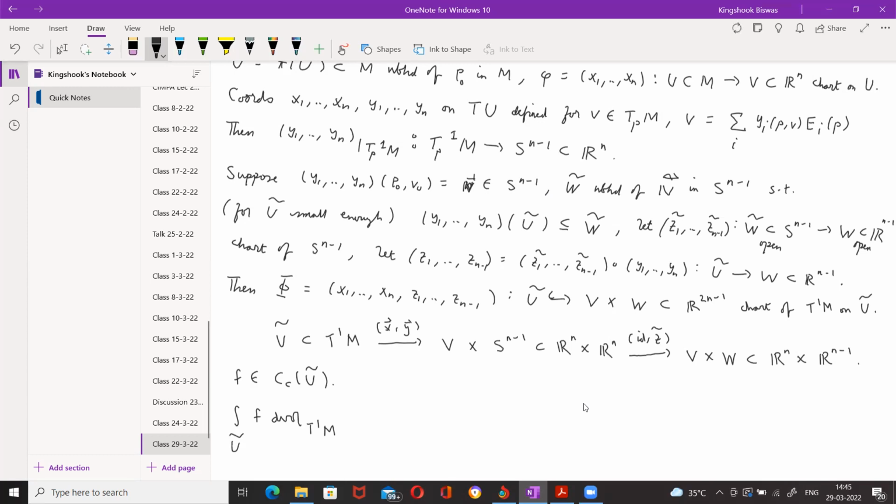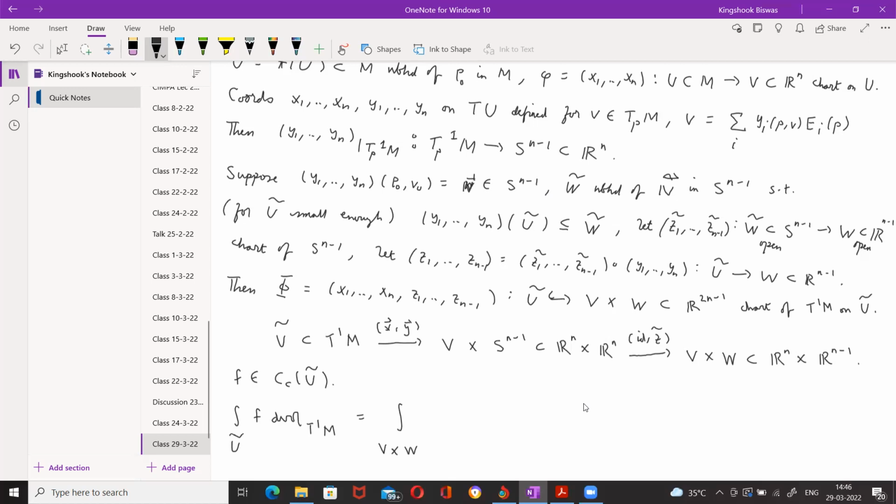This will be the integral over the image, so over V cross W, of, let me call psi equal to phi inverse.